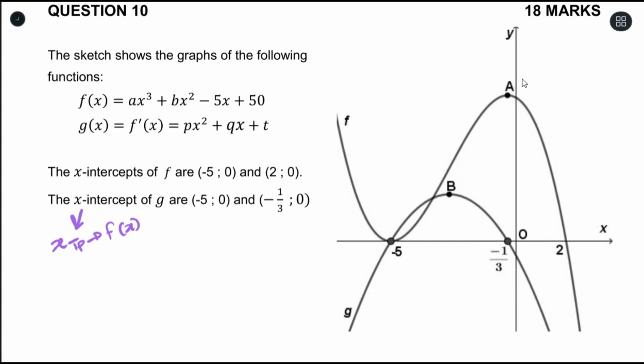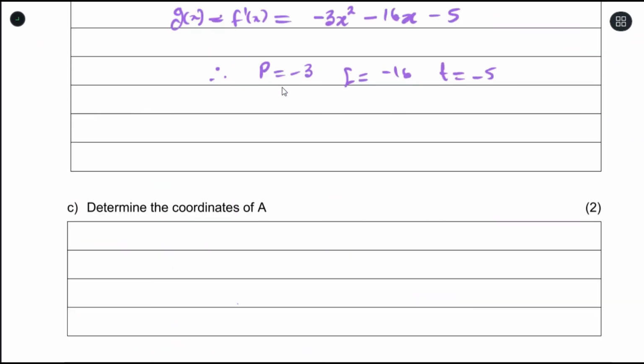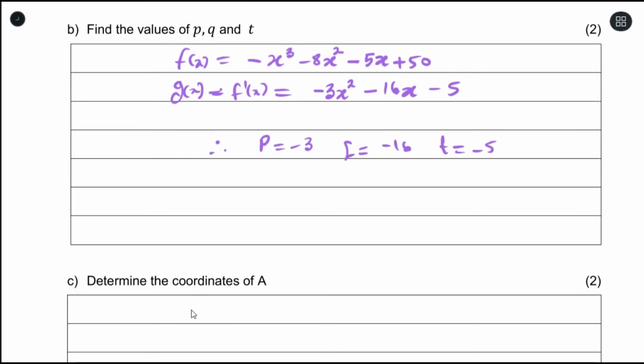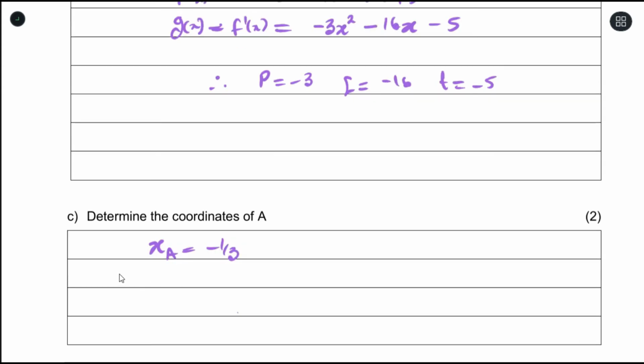To get the second coordinate of A, all I need to do is substitute this negative 1 over 3 into the equation of f(x). That's all I'm going to do. So I'm going to say, the x of A is negative 1 over 3, so we substitute this into the f(x) formula.